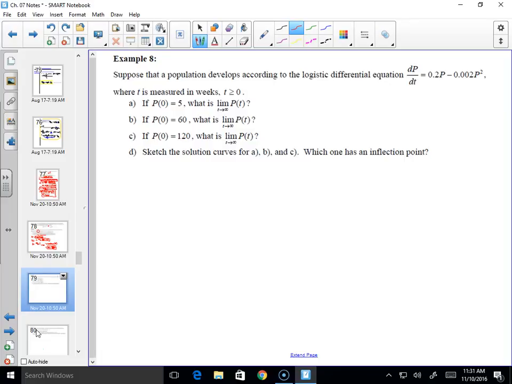Suppose the population develops according to the logistic differential equation. There he is. The Bulls used to be big. Yeah, Michael Jordan was there. It's the glory days though. Space Jam came after that. He played in the Nationals? I don't know. And then he went to baseball. And then he went to the Wizards for basketball again. Some people are analyzing that.